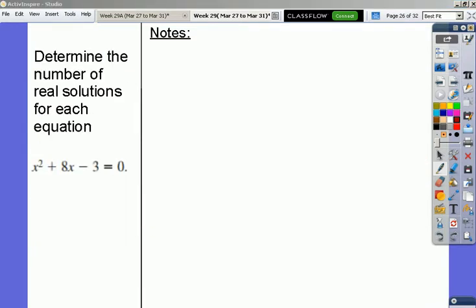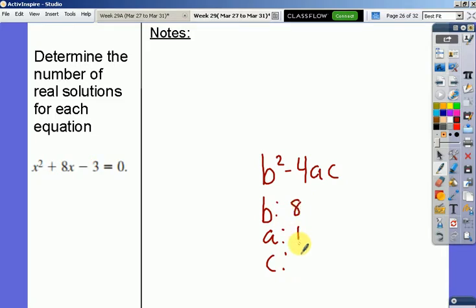And this says determine the number of real solutions for each equation. So I just have to look at b squared minus 4ac. I don't have to look at the radical, just b squared minus 4ac, right? So, what is b, what is a, and what is c? What's b? What's a? 1. What's c? 2. So b squared would be what?